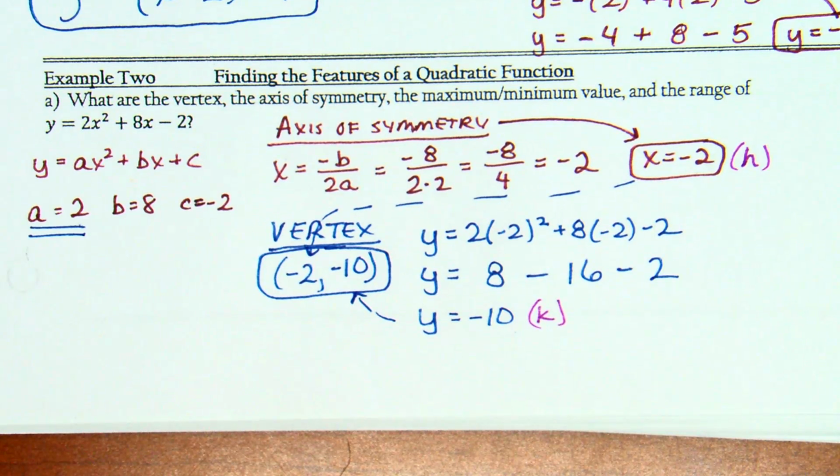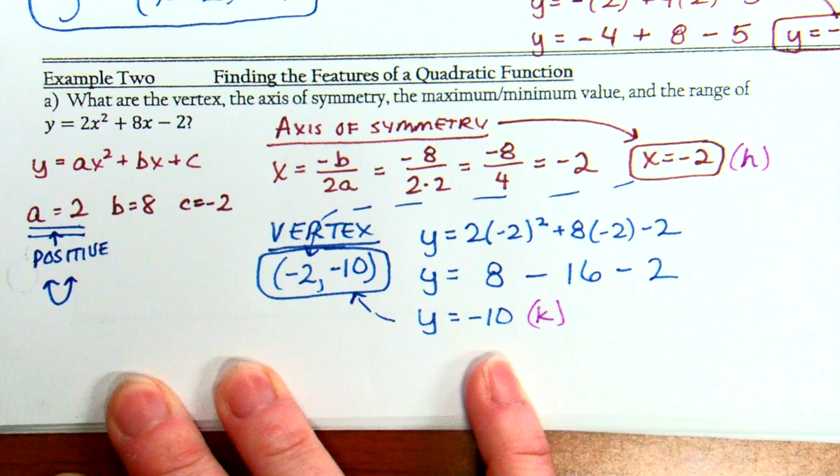So where is your vertex? -2, -10. Specifically the vertex is at the bottom, which makes it a minimum. So I like the -10, but that -10 is a minimum value.